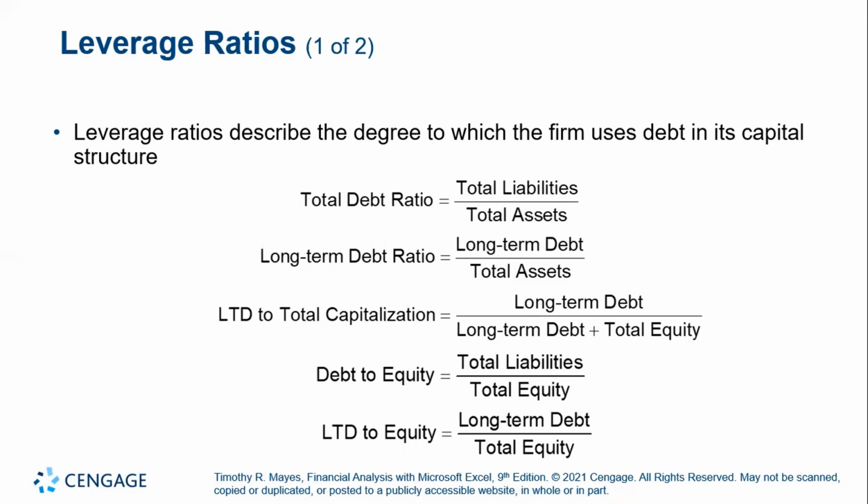Long-term debt ratio to total capitalization is long-term debt divided by long-term debt plus total equity. Debt to equity is total liabilities divided by total equity. LTD to equity is long-term debt divided by total equity.